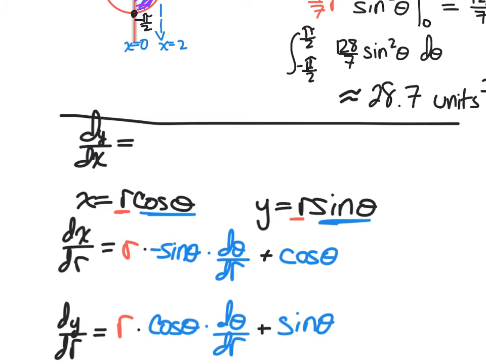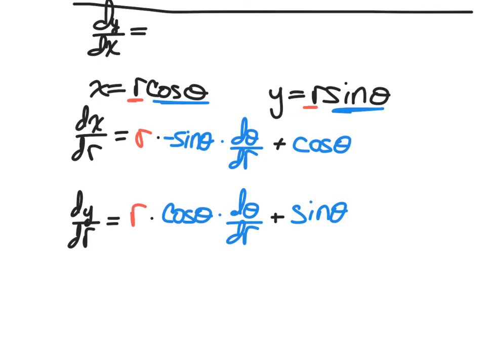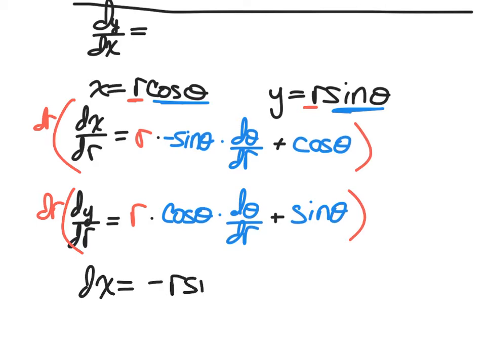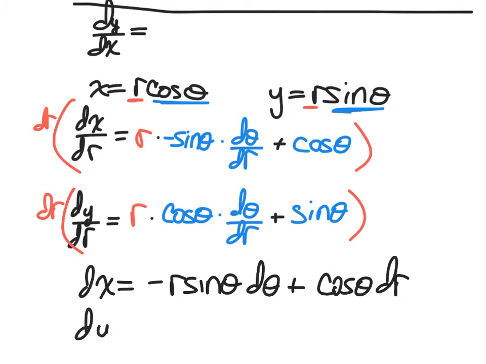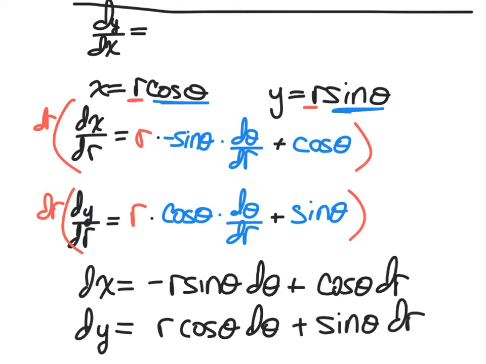So I can multiply through with a dr in both cases and get two new equations. dx is equal to negative r sine theta, because the dr's will cancel out there, d theta plus cosine theta dr. And then the dy, same deal, r cosine theta d theta, because the dr's cancel out, plus sine theta dr.